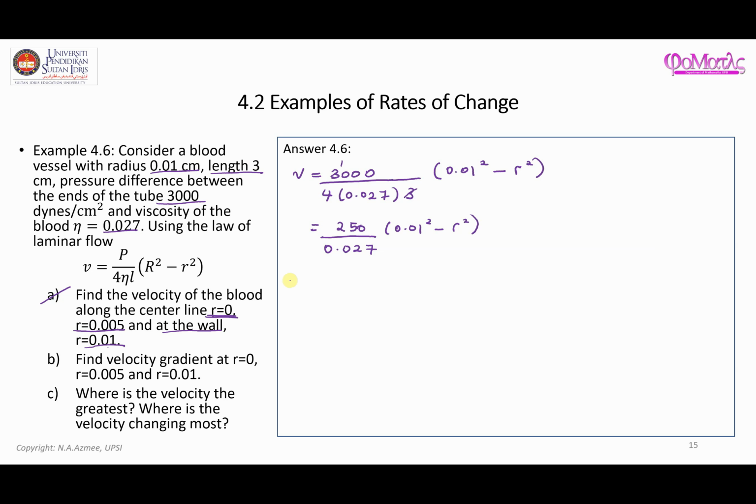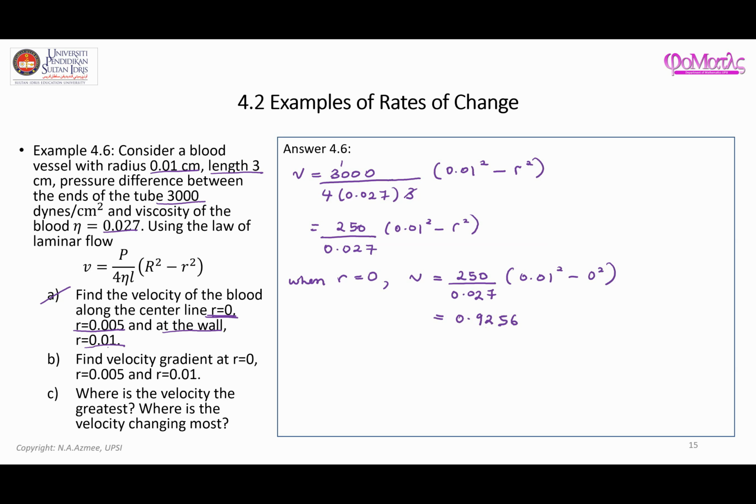Now when r is equal to 0, the velocity will be 250 over 0.027, times 0.01 squared minus 0 squared. So this will be about 0.9256. This is the velocity of the blood.